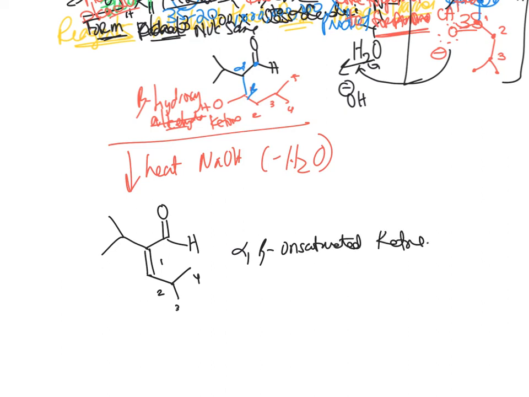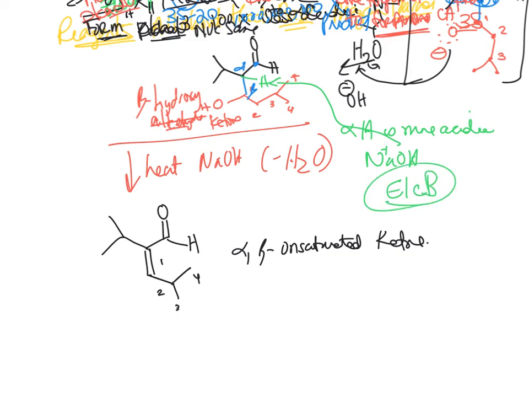And I'll show you how to do that. The reason you do that is because this hydrogen, the alpha hydrogen, is more acidic than the original. You're in sodium hydroxide, and so this will come here and deprotonate it. This mechanism is an E1CB, which we'll talk about tomorrow.